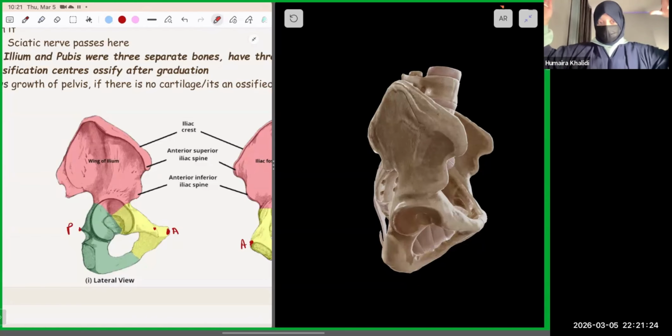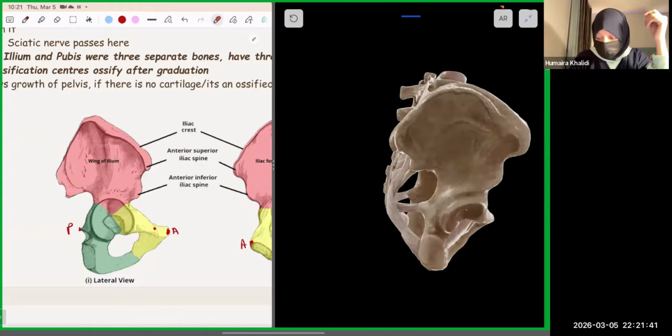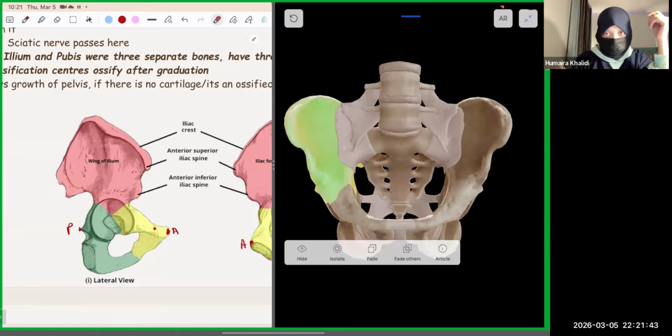Then when they finish growing, the cartilage fuses, and finally the pelvis stops growing. So there are two reasons why you have a cartilage over here first. The first one is so the baby can pass through the birth canal, and the second reason is so the pelvis can grow. Now, this is the ischium.